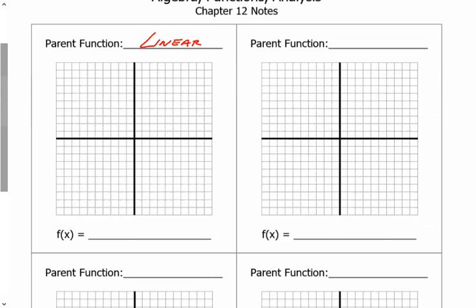And we're only talking about parent functions here. So a linear parent function is the simplest possible graph of a linear function. Well, a linear function is a line, and the simplest line I can have would start at the origin here and have a slope of 1. So you can see I'm graphing a slope of 1, and I'm actually going to come the other way too.